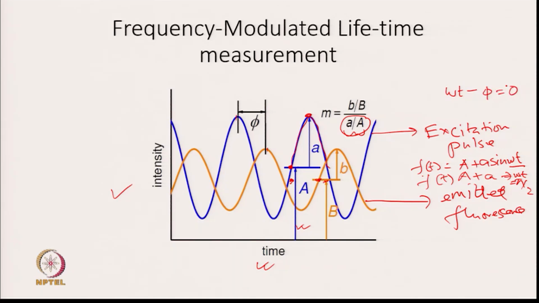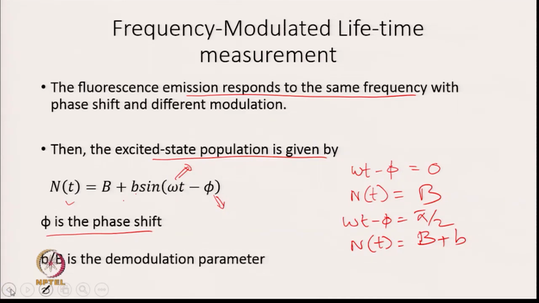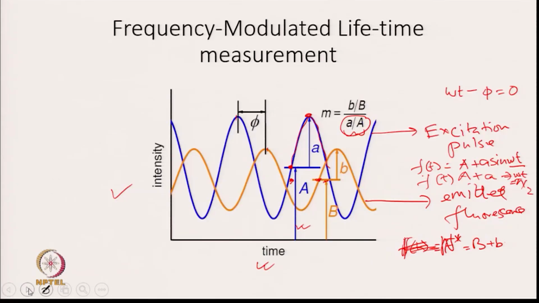In that case, the fluorescence, or N star, is given by B plus small b sin omega t minus phi.